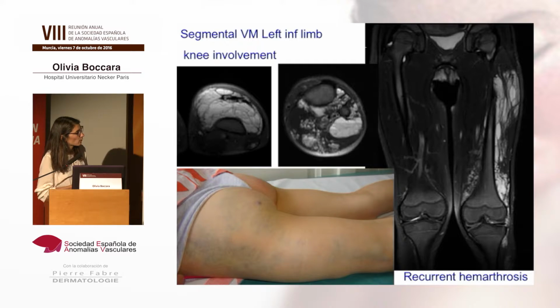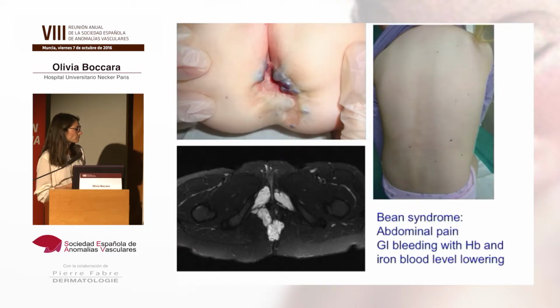In those very large vascular limb venous malformations, you may have joint involvement, which is very complicated for the treatment, as in this example. This little girl has many times hemarthrosis, which is dangerous for her knee.